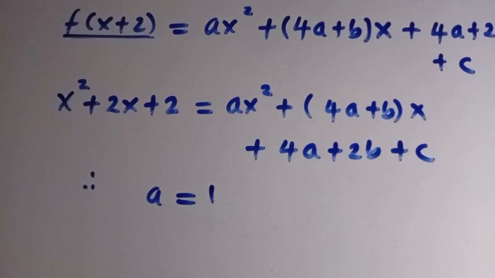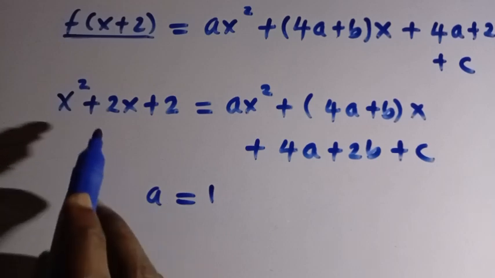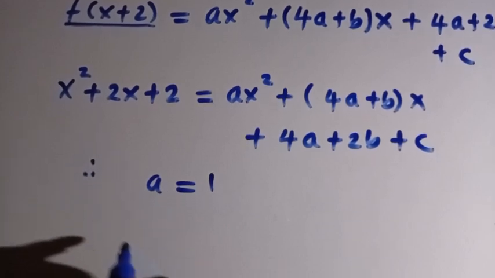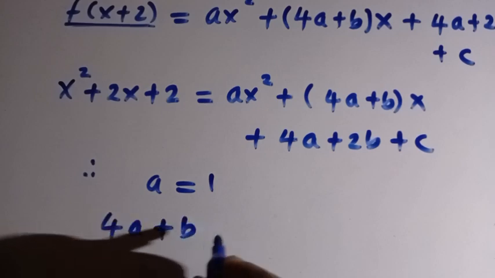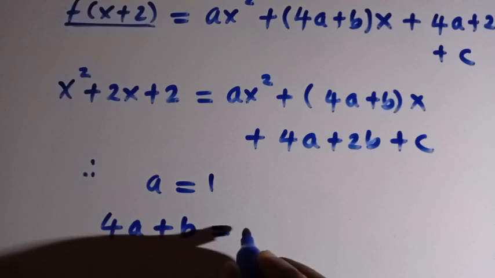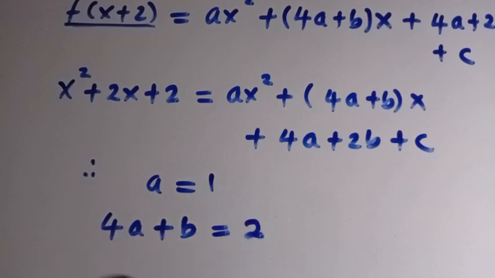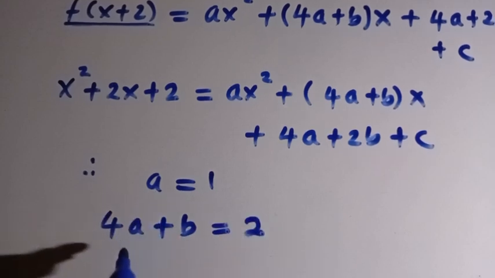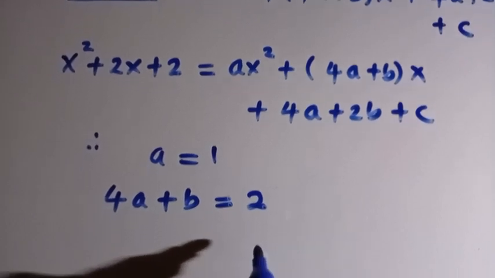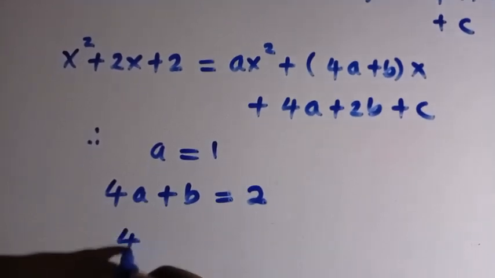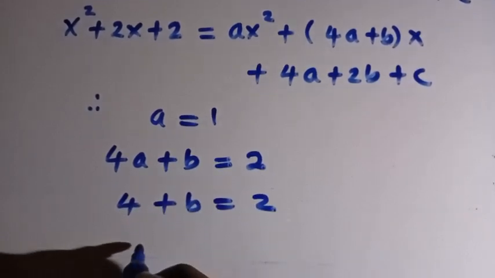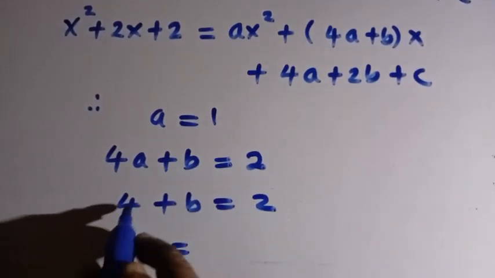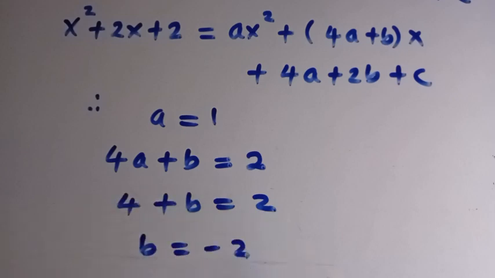Also, when we compare the coefficient of x on this side, we are going to have 4a plus b, and this equals 2. So when we substitute the value of a, we have 4 multiplied by 1 plus b equals 2. So therefore, the value of b here equals, when we take 4 across, minus 2.